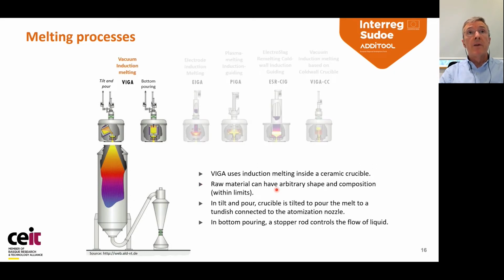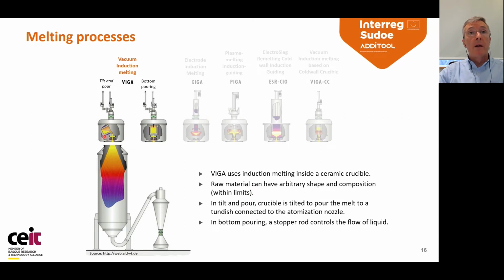What is called VIGA, vacuum induction melting gas atomization, in which you use induction melting in the furnace to melt the material. You can have raw material with any arbitrary shape and composition, so you can melt here any chemical composition that you wish, just by putting inside the appropriate amount of material with exact composition.